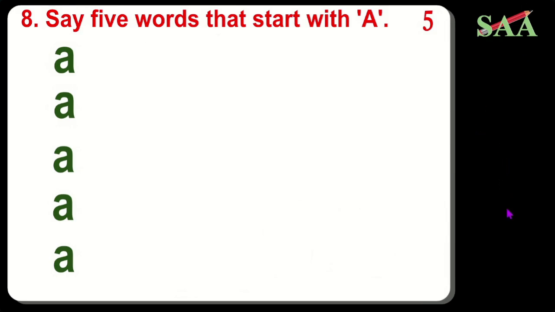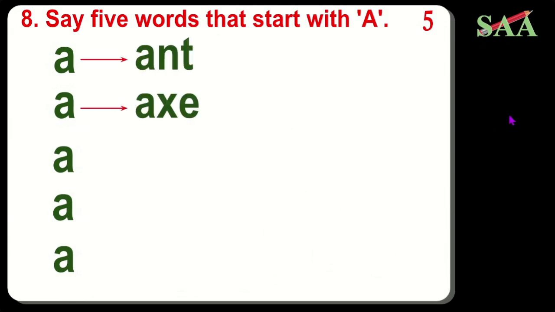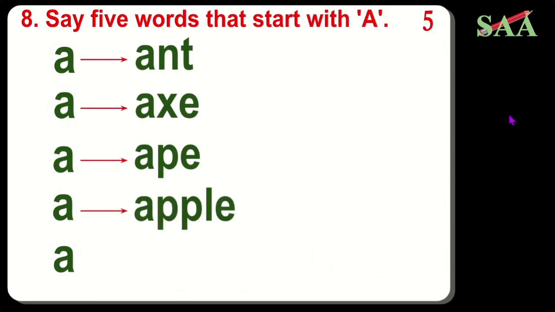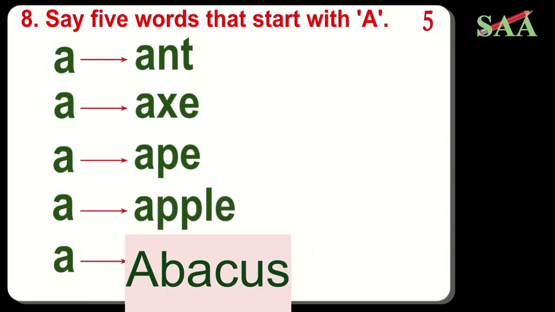Avocado. Okay. Ant. Okay. Good. Very good. Right. And axe, ape, apple, abacus, aeroplane. So many words are there. Right. Okay. Great.